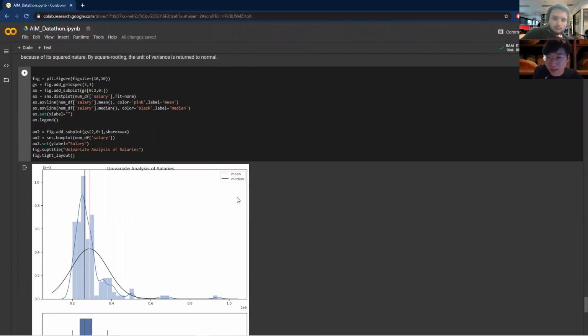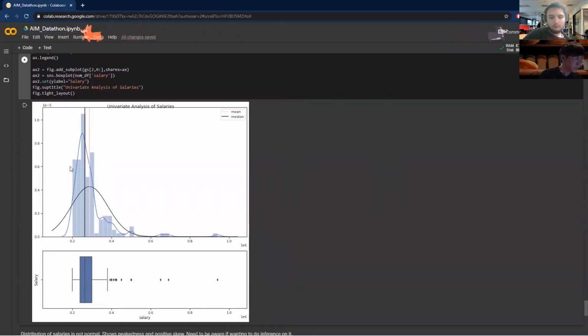For everyone who did manage to land a job in this Indian university, we also got the salaries for the job they were offered, and I plotted that salary once again as a histogram, and laid over it I put the normal distribution and the KDE, which shows a smoothed out, better representation of the distribution. I've also put two lines here for the mean and the median, just to get a better representation of what's going on. So this is how you look at the structure of a data set.